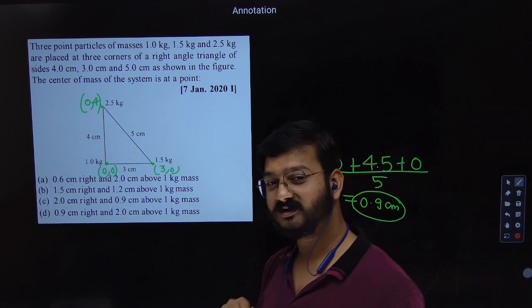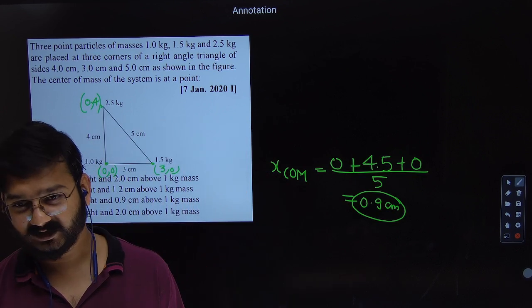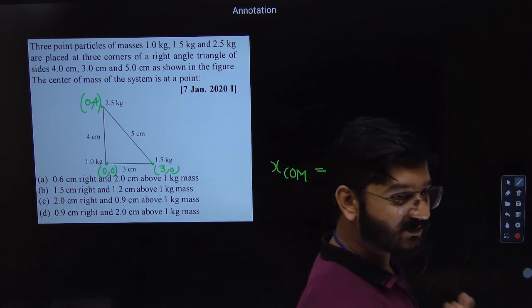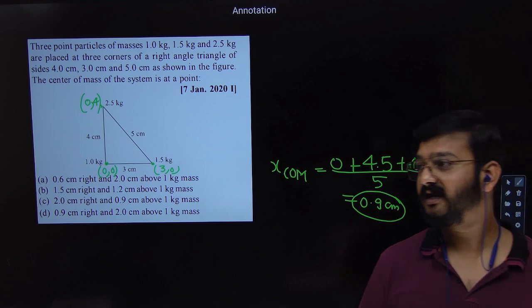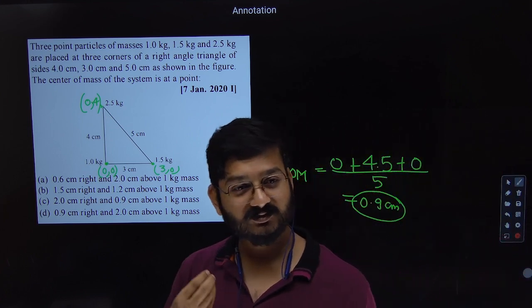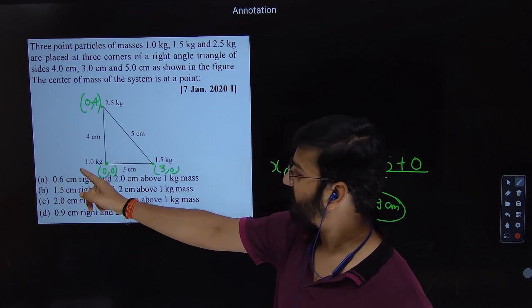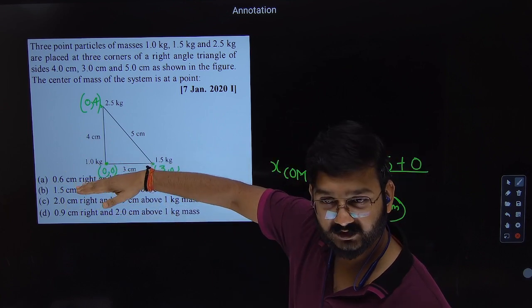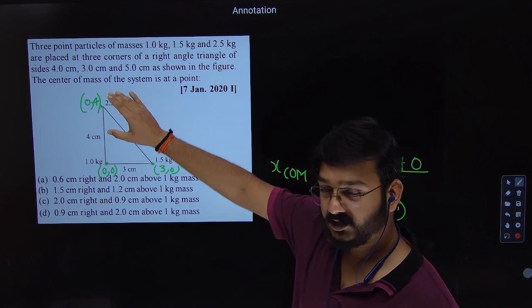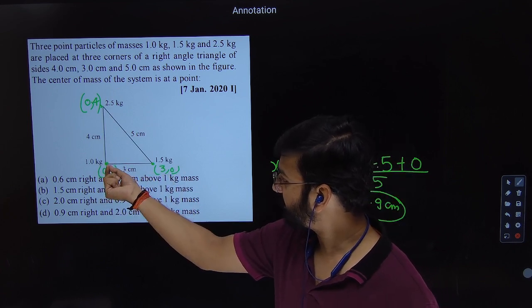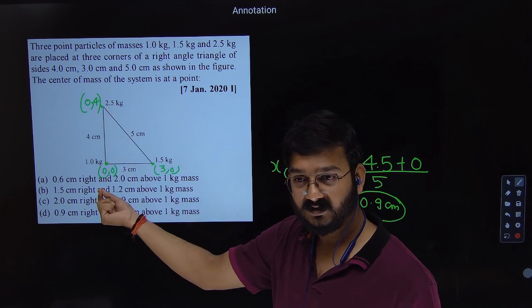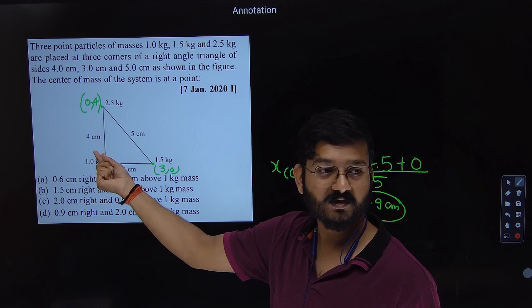Here the calculation is simple, so you will say, sir, it doesn't save my time. But when there is a complicated question or a paragraph-based question, you will feel that this type of observation saves your 30 seconds, 20 seconds. I'm repeating again. Here it is 1.5 plus 1.5, that is 2.5, and 2.5 is here also. If you bring it here, 2.5 and 2.5 are on a straight line, so where will be the y coordinate? Half of 4.